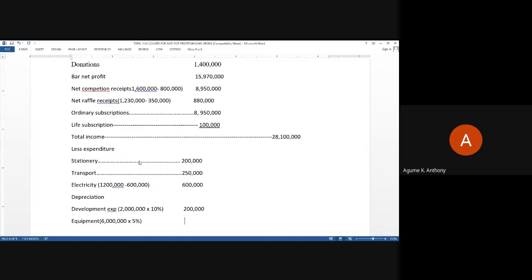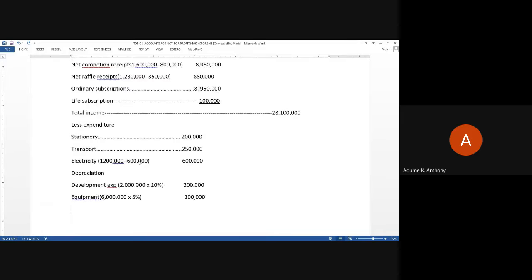This is 300. Then the next one is building. This is also on straight line, 20 million times 10%. That is 2 million.